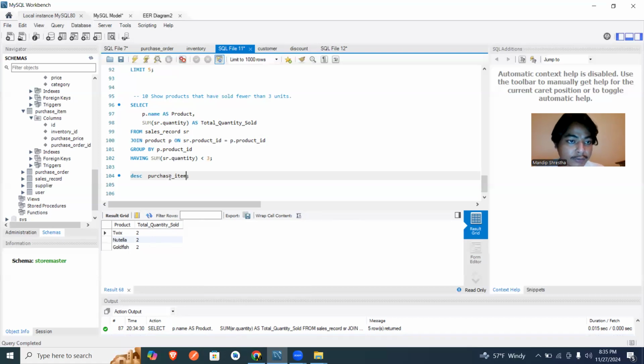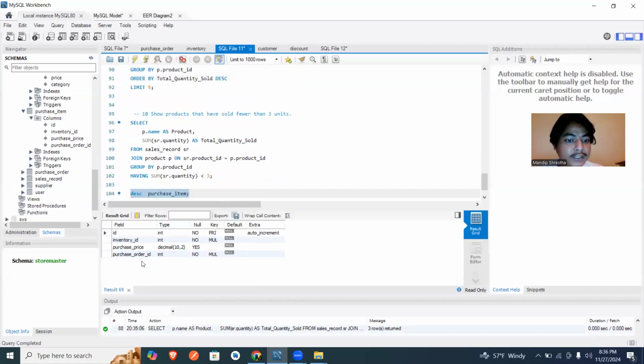Suppose for purchase item, if you see over here, the ID is not nullable. That is, ID cannot be null because it's a primary key. Similarly, for inventory, it also cannot be null. So if you don't add the inventory ID, the database will fail to add the data. Similarly, it goes for the purchase order ID.